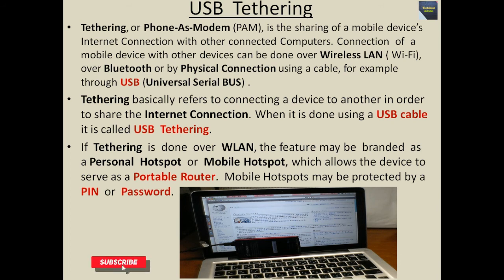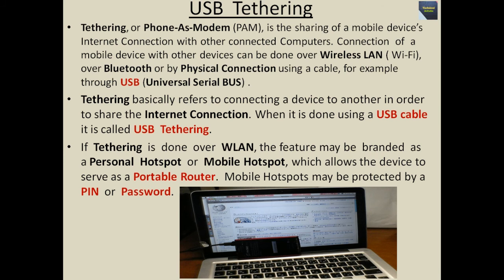If tethering is done over WLAN, the feature may be branded as a personal hotspot or mobile hotspot, which allows the device to serve as a portable router. Mobile hotspots may be protected by a PIN or password.